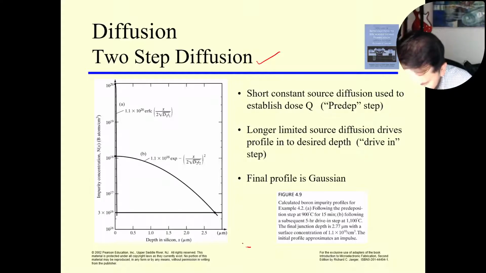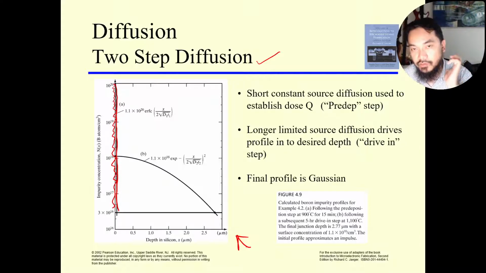So if you look at this graph here, the first line is an impulse. That means you deposit a very thin impurity layer on the surface, and then you carry out a very short time of constant source diffusion until you get your desired dosage, and then you stop the supply, and then you carry out a second diffusion process to drive in.